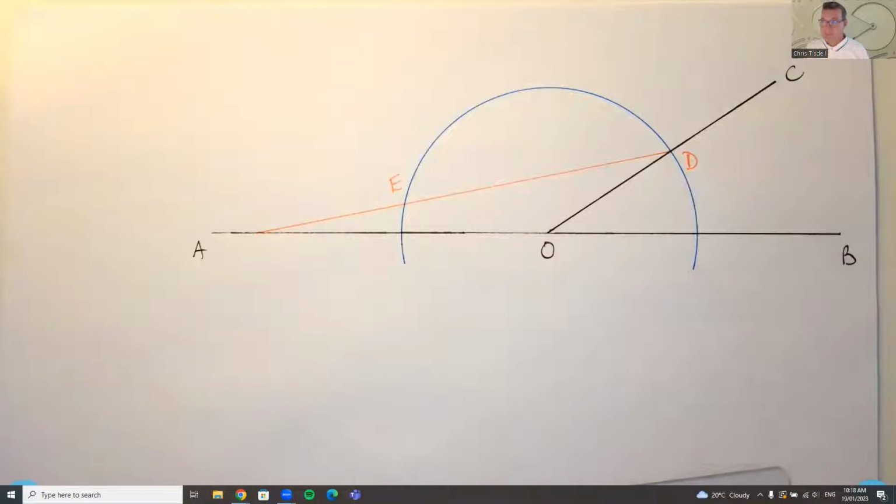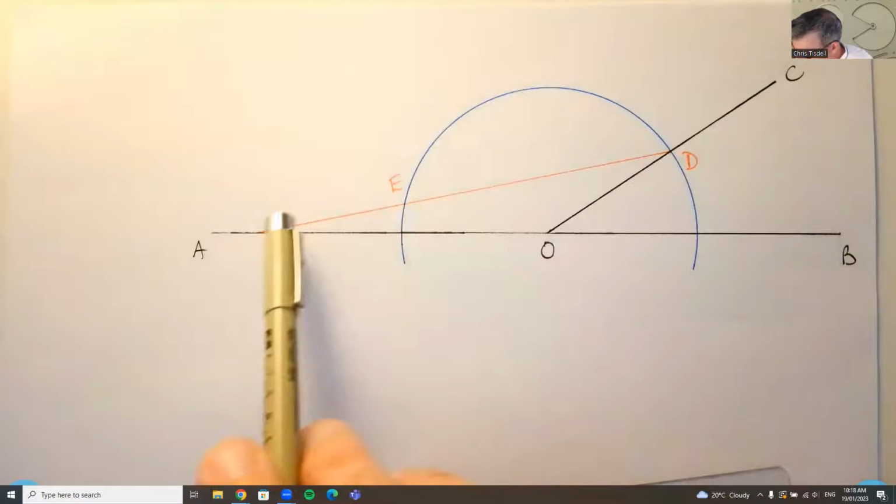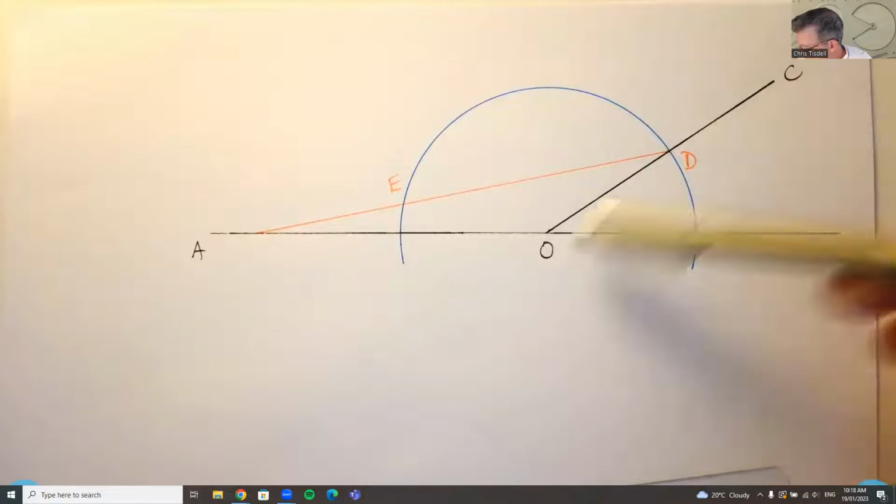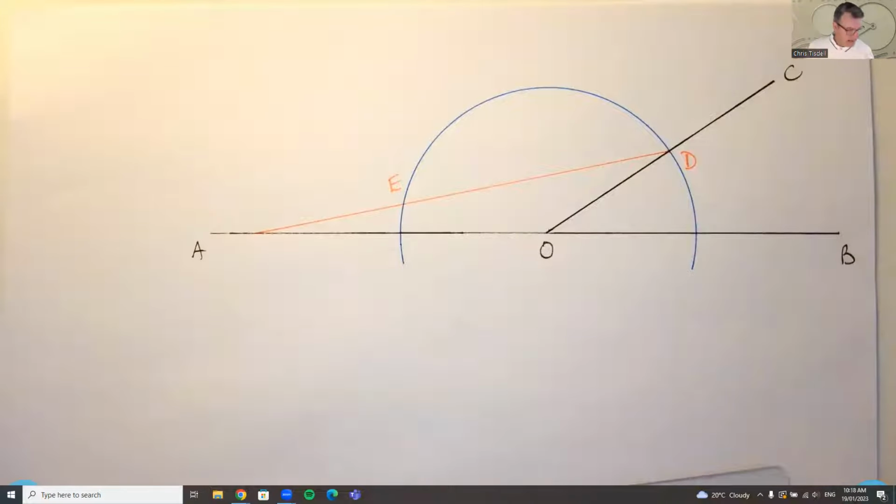Okay, so now I'm claiming that the angle EAO is 1/3 of the angle COB or DOB. They're the same angle.